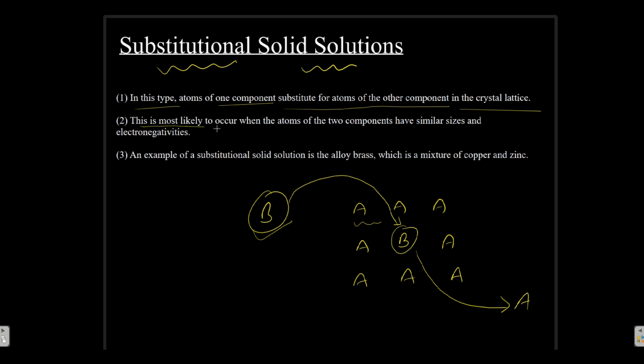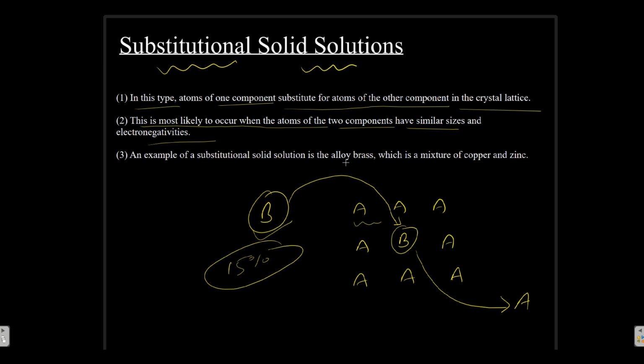This is most likely to occur when the atoms of the two components have similar sizes and electronegativities. I've already told you their sizes should be comparable. The size difference should not be more than 15%. Not only that, the electronegativity difference should not be high as well.